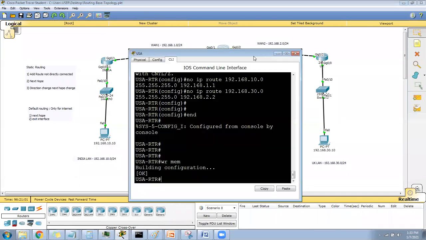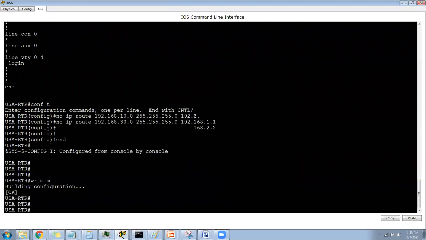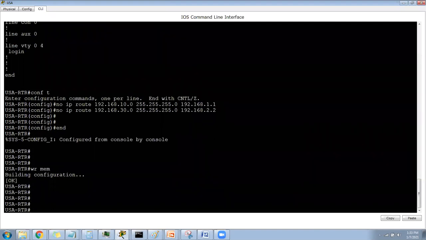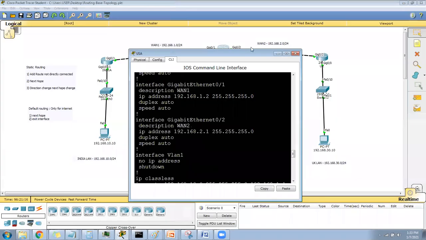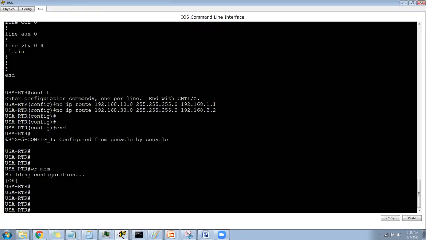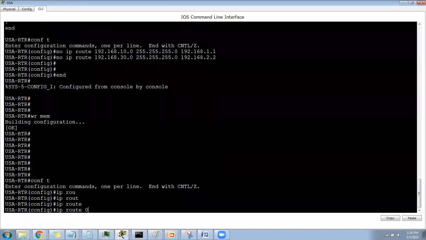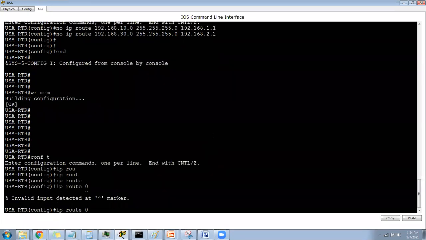Okay, done. Here this side also. Actually, this is not good practice, to use the default route on both sides. Generally it is the ISP, but just for our lab purpose we will perform this. Interface ip route 0.0.0.0.